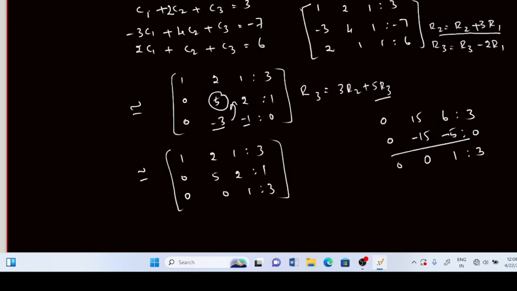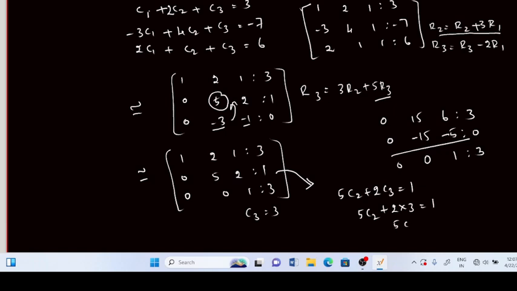So the third column represents C3, so C3 equals 3. Now we substitute this into the second equation: 5 times C2 plus 2 times C3 equals 1. Knowing C3 is 3, 5 times C2 plus 2 times 3 equals 1.